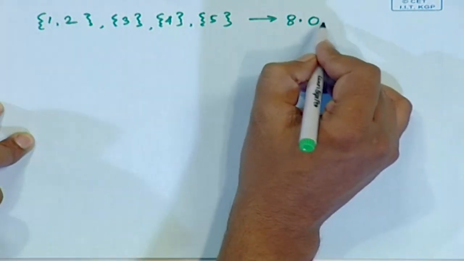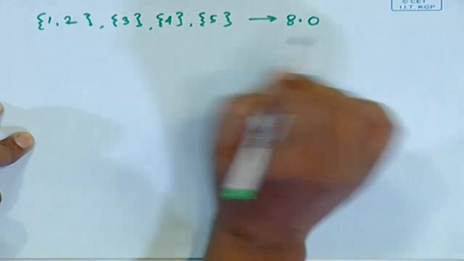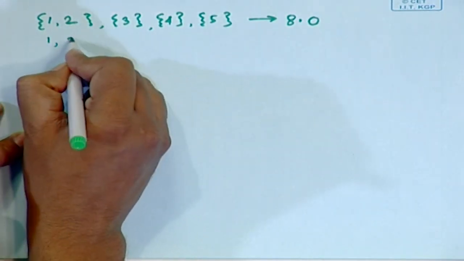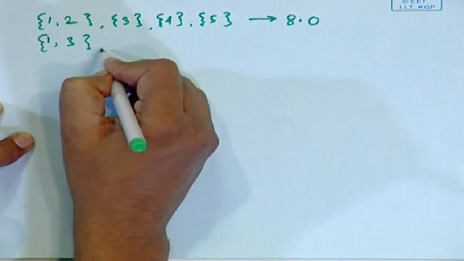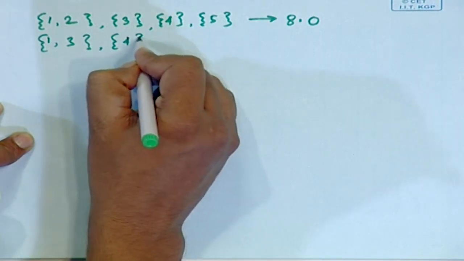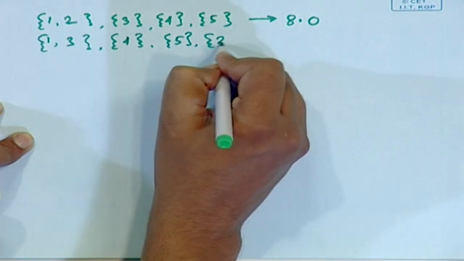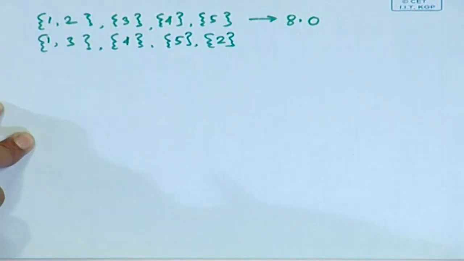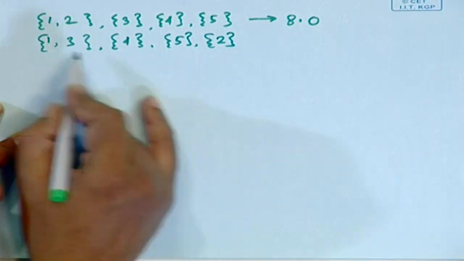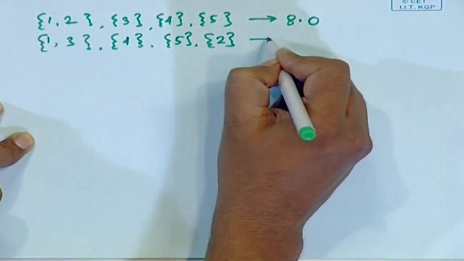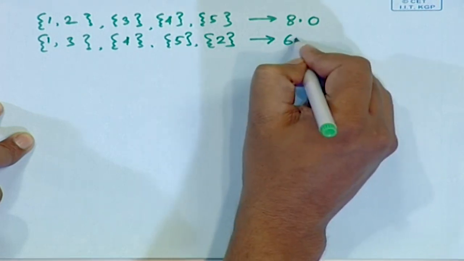This is the within class squared error. Similarly, I also have to try out 1, 3, 4, 5 and 2. This is another possible way of combining, and the total error in this case comes out to be 68.5.